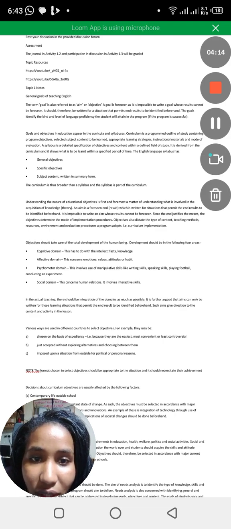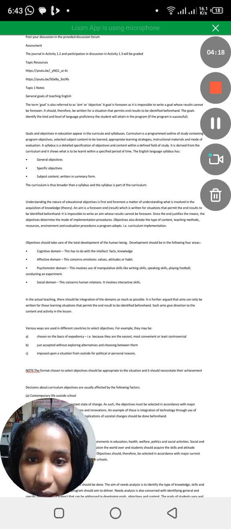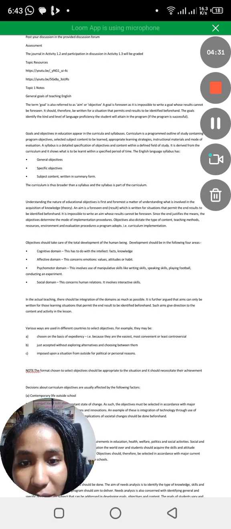Understanding the nature of educational objectives is first and foremost a matter of understanding what is involved in the acquisition of knowledge. An aim is a foreseen end result which is written for a situation that permits the end results to be identified beforehand. It is impossible to write an aim whose result cannot be foreseen.